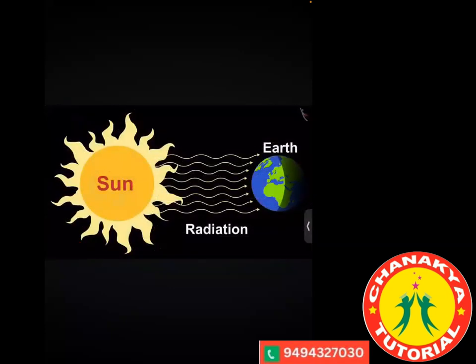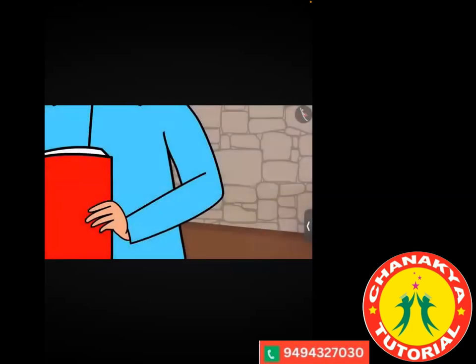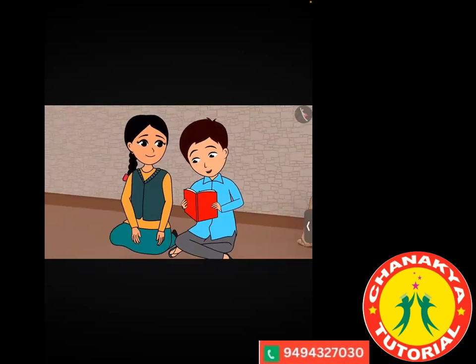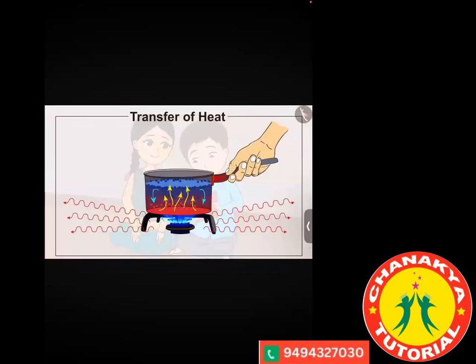Look, it is written here that the heat from the sun reaches earth through radiation. It is also written here that no medium is needed for radiation. That means transfer of heat takes place by three means: conduction, convection, and radiation.